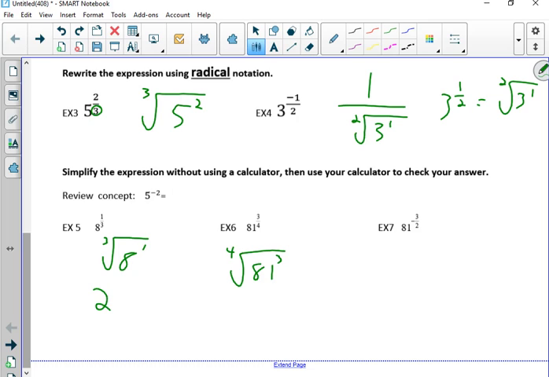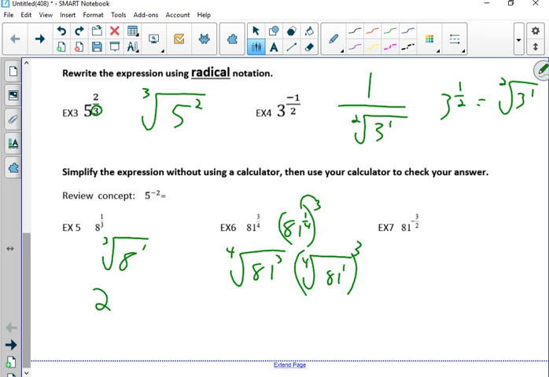Now, another way to think about this is if you think about the properties of exponents, we can rewrite this as 81 to the 1/4 times 3, take it to the 3rd power. But remember, when we send this in, that makes 3/4. So let's think about it that way. Here's 81 to the 1/4 cubed.